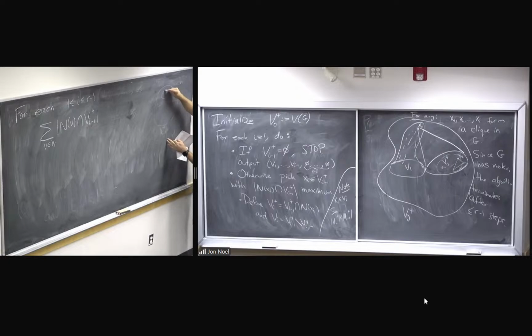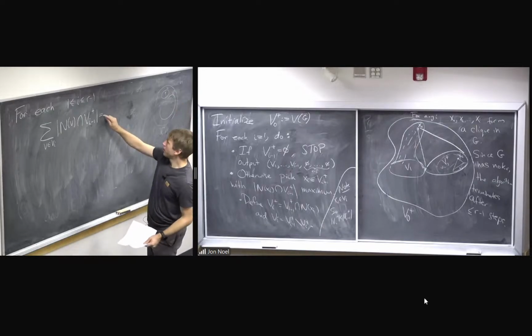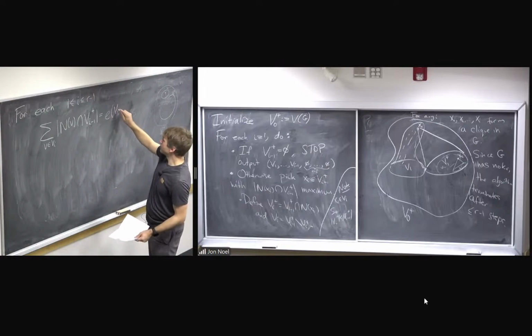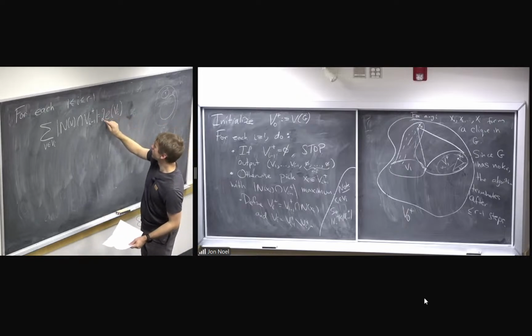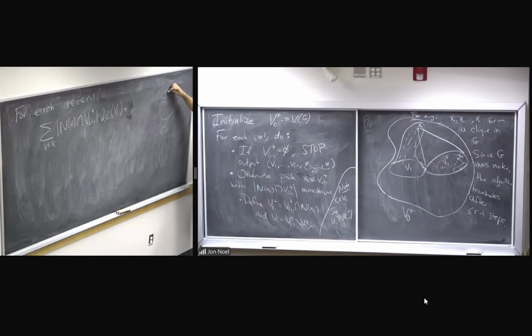And take something in V_i. V_{i-1} plus is partitioned into these two sets. Everything is either in V_i or V_i plus, because this is the neighborhood of x_i, and this is the non-neighborhood of x_i. So all I'm claiming is that this counts every edge inside of this set twice, and it counts the edges between V_i and V_i plus once.